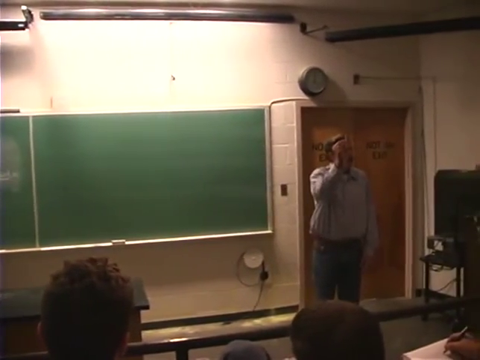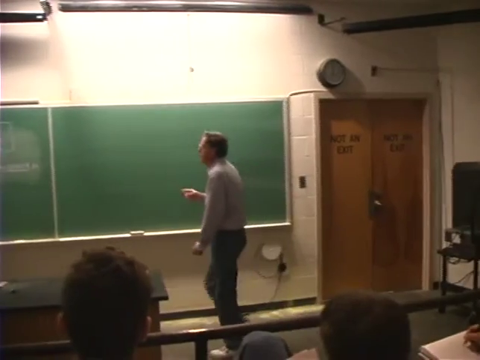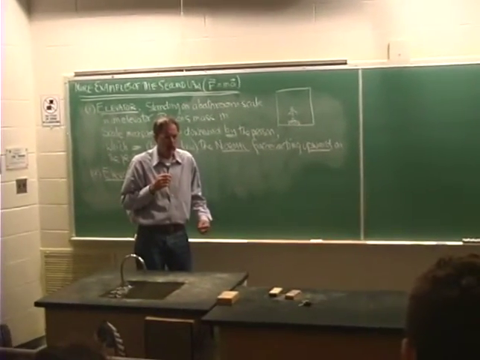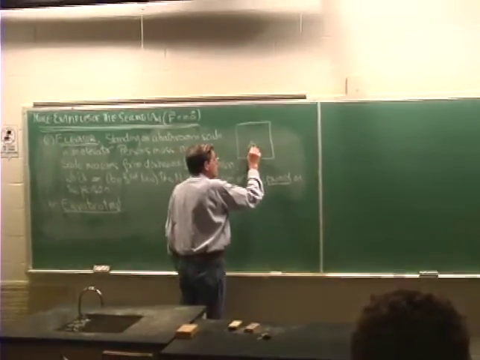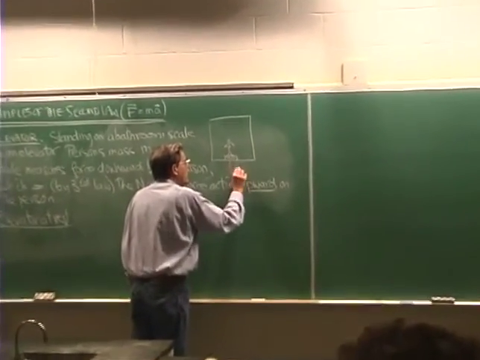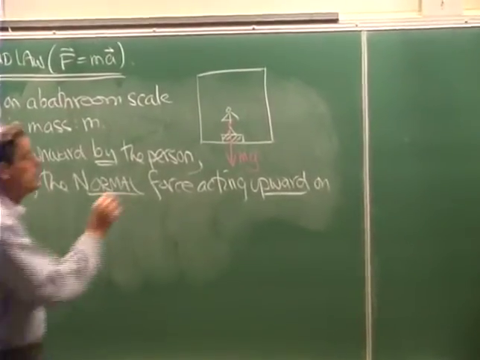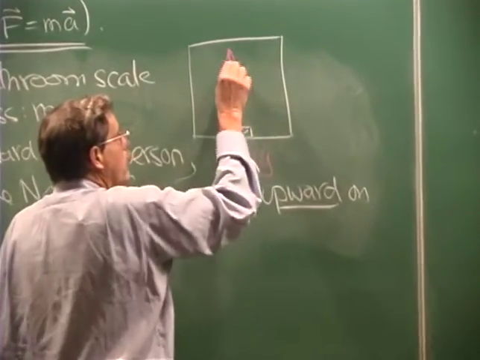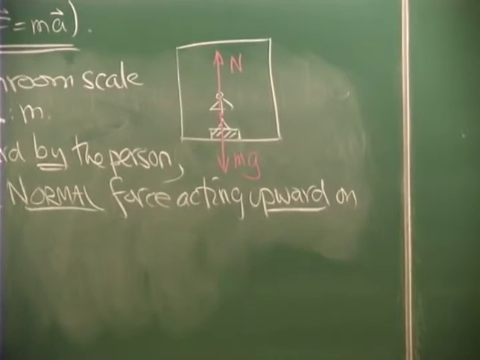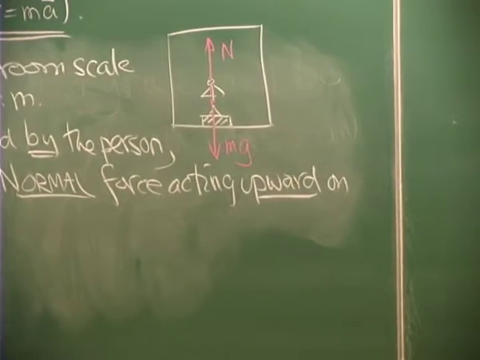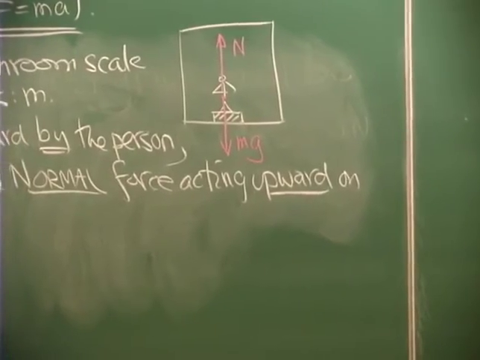Today, forces are red. So, tell me, what forces act on this man? The weight, of course, so mg acting down. What else? The normal force exerted by the scale upward. That's the thing we want to get. What else? Good. Nothing. That's it.